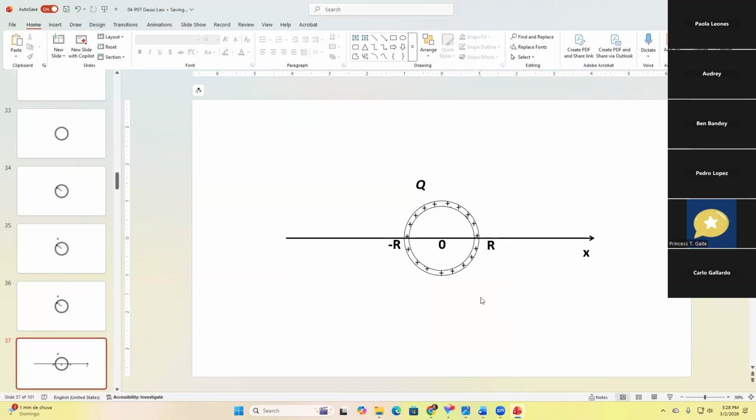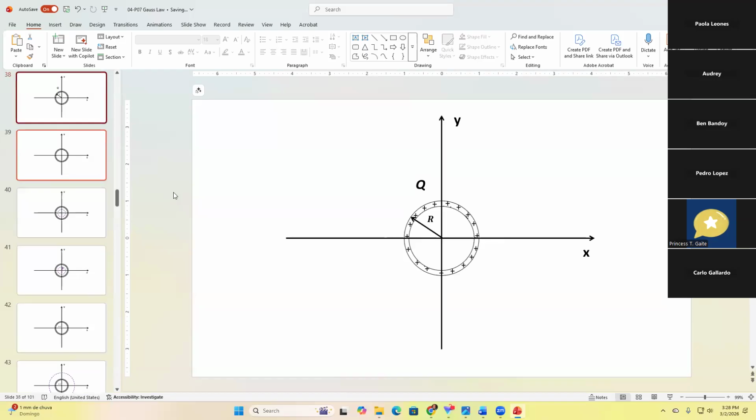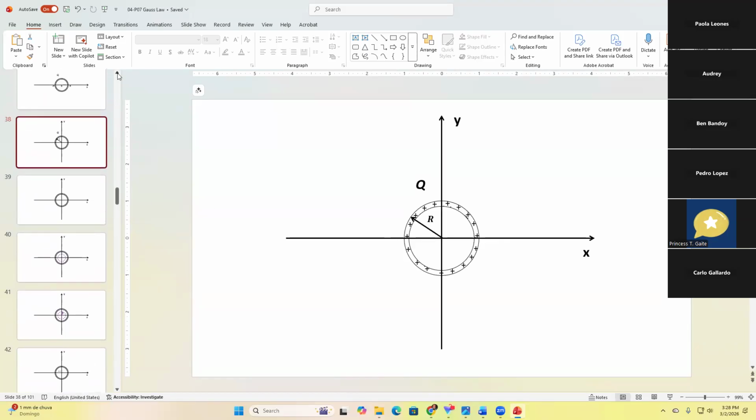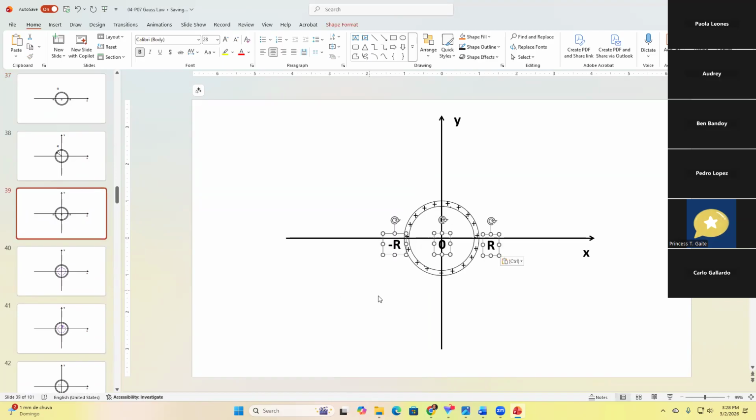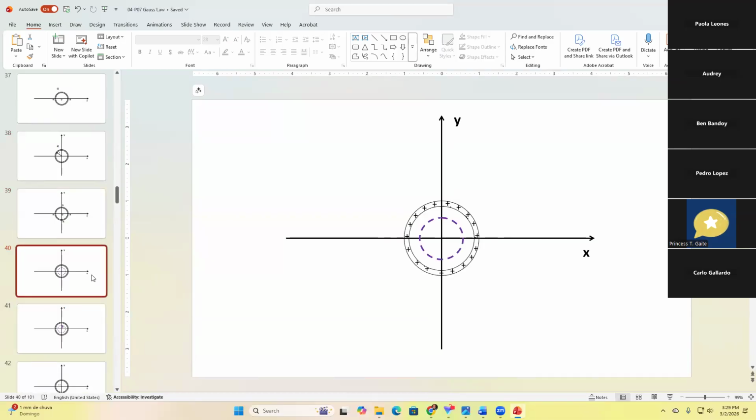When I put a y-axis, I will need the same thing: plus R at the top, minus R at the bottom. And here is my imaginary sphere, my Gaussian sphere, lowercase r.